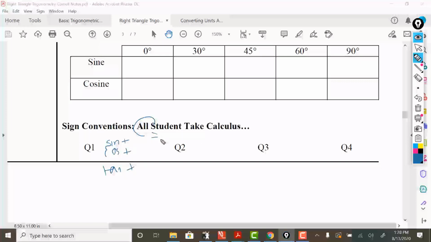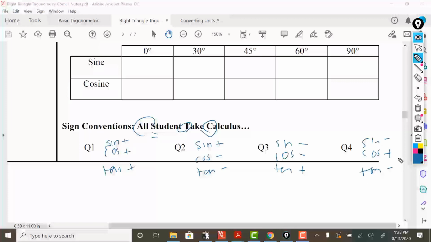S, only sine is positive in the second quadrant. Cosine is negative, tangent is negative. In quadrant 3, it would be T, tangent would be positive, and in quadrant 4, cosine would be positive. That would make the others negative: sine negative, cosine negative, sine negative, tangent negative. Okay.